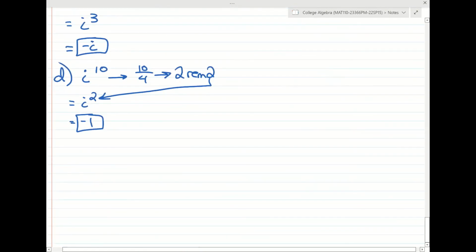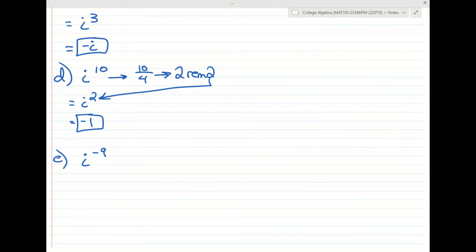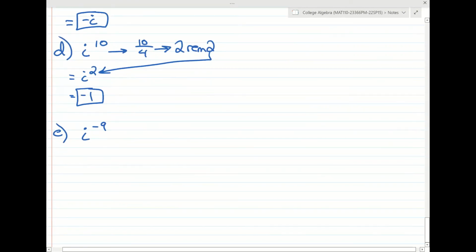To finish up tonight, what I wanted to do is to show you if there's negative exponents. What if we had i to the negative 9? Anyone remember what negative powers do? Yeah, this is the same thing as 1 over i to the 9.